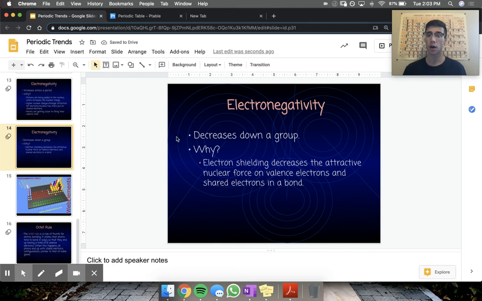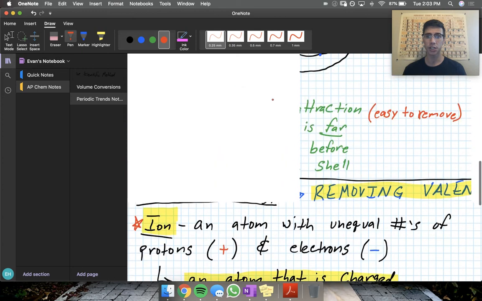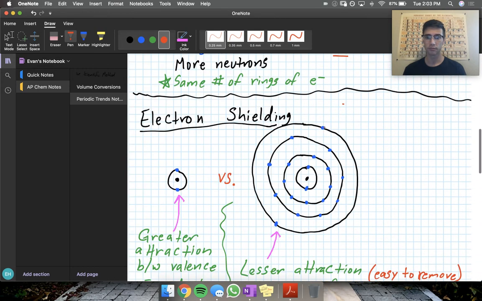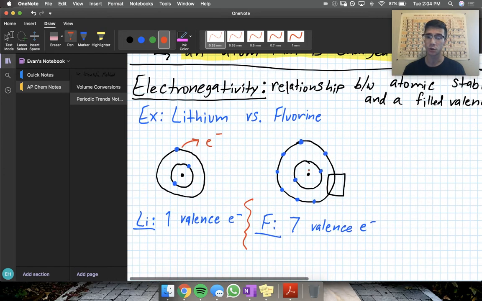Now, talking about going down a group, right, from top to bottom in the periodic table, electronegativity decreases. Okay, and again, this has to do with electron shielding. If these atoms are trying to fill their valence shells, because of this electron shielding, even if this shell only requires a few more electrons, it's not going to be as big of a deal to fill this for an atom that has anywhere from 4 to 6 rings of electrons compared to something like fluorine that only has 2, right?